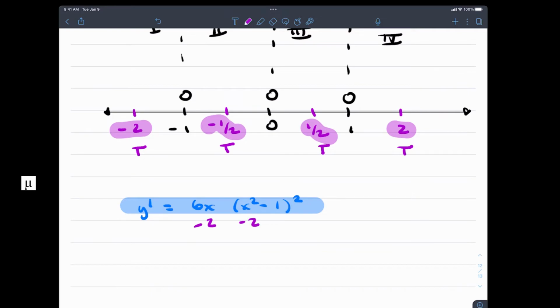Notice something here for x. If I plug in negative 2, 6 times negative 2, isn't that negative? And if I square negative 2 over here, I get 4, and then 4 minus 1 is 3, and I square 3. In other words, it's not going to matter what I put in here. It's going to be positive. So you guys know that x squared minus 1, squared, will always give you a positive answer, but this means that this region is negative here.